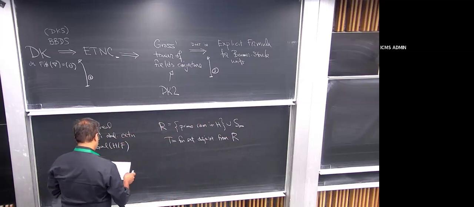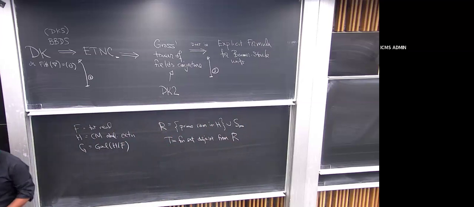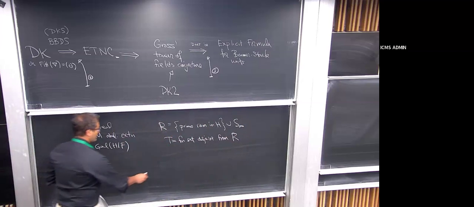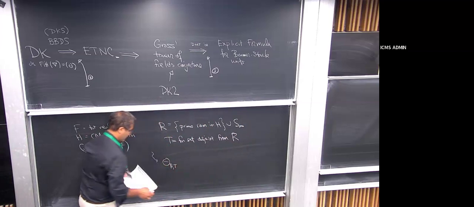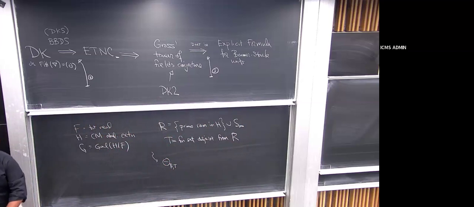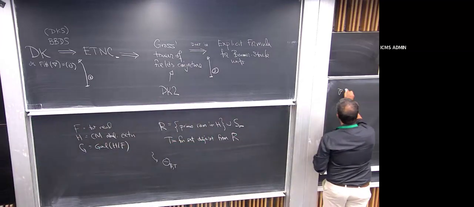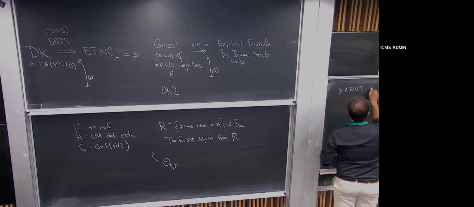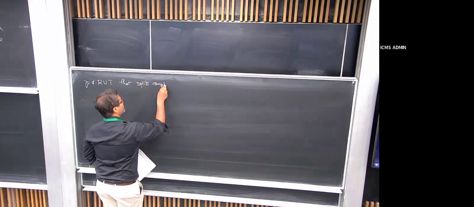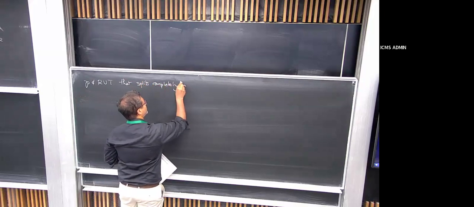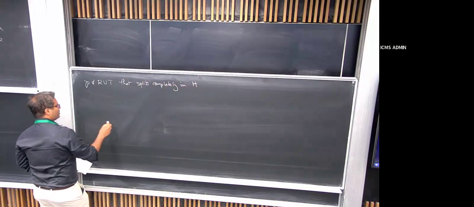And then, of course, we have the Stickelberger element. With that data, this all gives some theta sub RT, which is the Stickelberger element. I don't want to redefine it just so I don't take too much time. Okay. And then we take a P, which is not in R union T, that splits completely in H, so it's a prime ideal of F. And then there's a map that we're going to define.